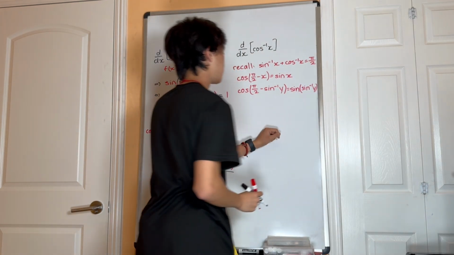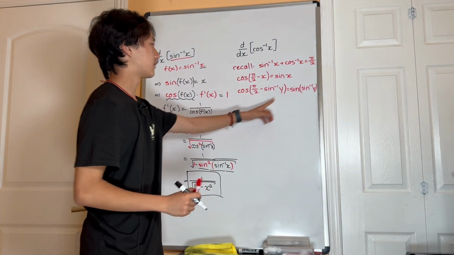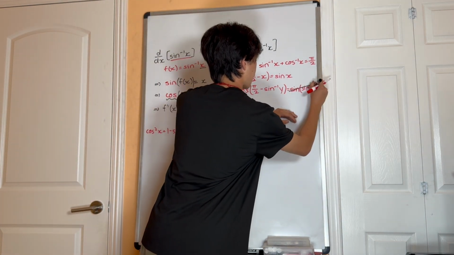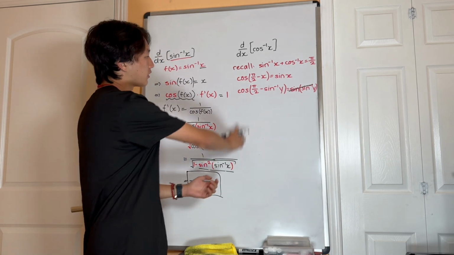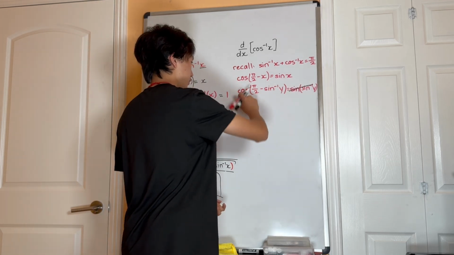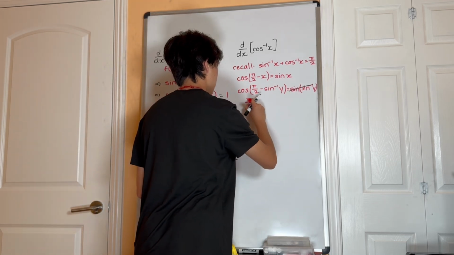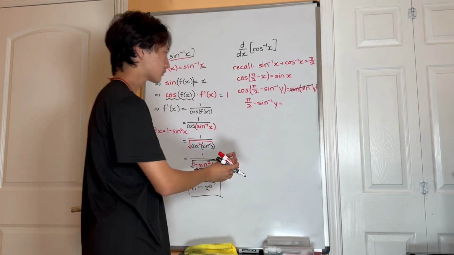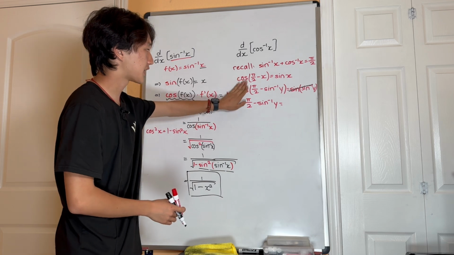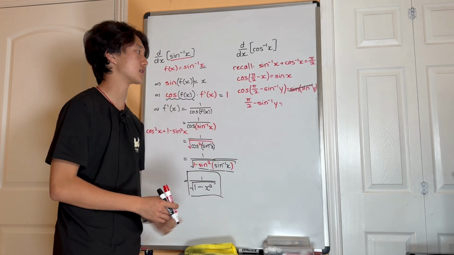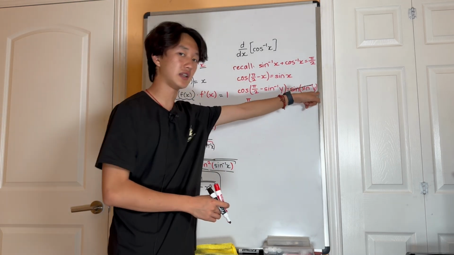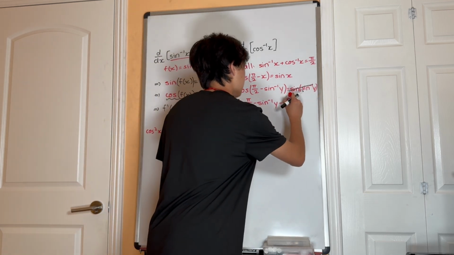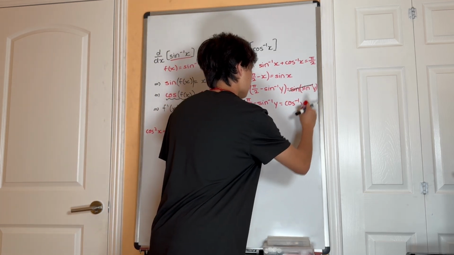So it's going to look like that. And then next, on the right-hand side, first of all, these guys cancel, so you're left with the y. And all you have to do now is take the inverse cosine on both sides. So now you have pi over 2 minus arc sine of y on the left-hand side, because once you take the inverse cosine, this guy cancels out, so you're left with whatever's on the inside. On the right-hand side, you just have this y left. So when you take the inverse cosine, it's going to look like this.